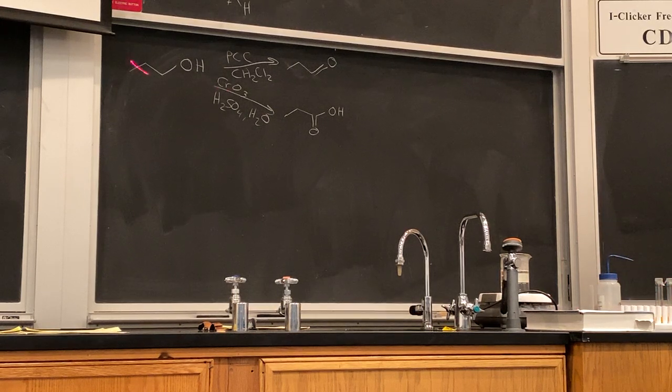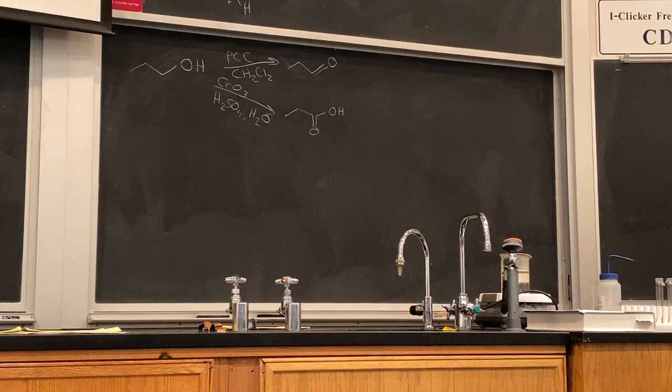Now, the mechanism of aldehyde formation from a primary alcohol is identical to the mechanism of ketone formation from a secondary alcohol. So we're not going to draw that mechanism. The only difference is that when you're forming an aldehyde, you don't have H3O+ and water. When you need an acid, you would use the pyridinium cation.